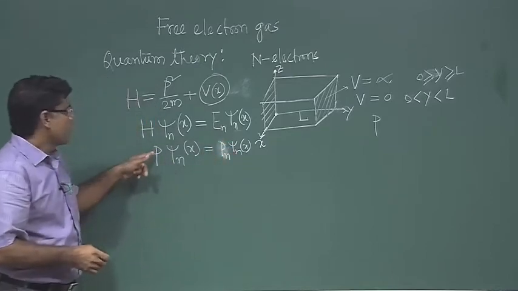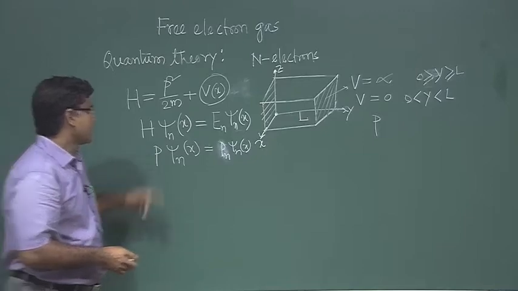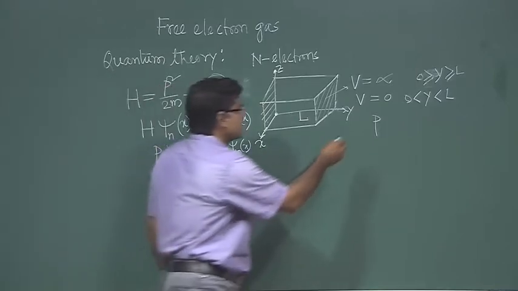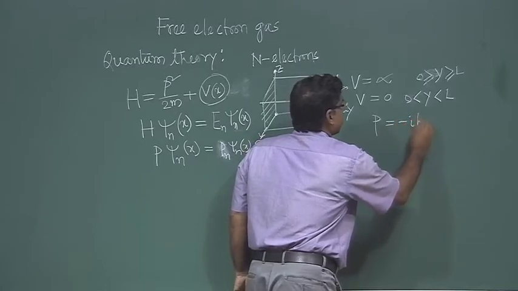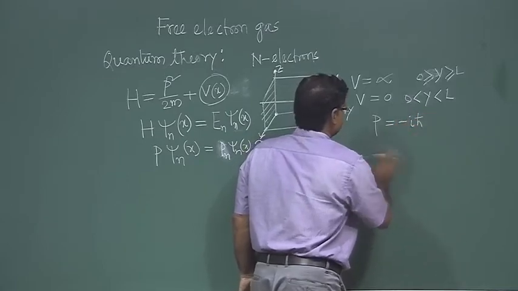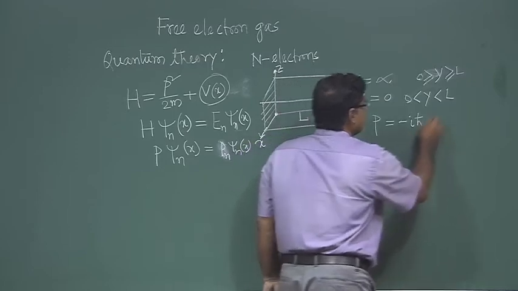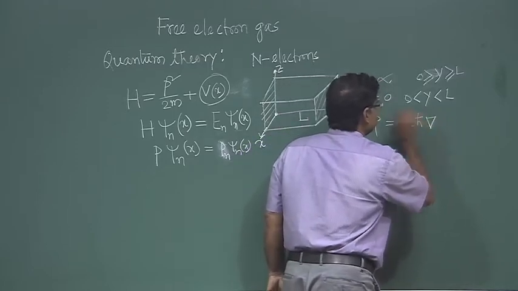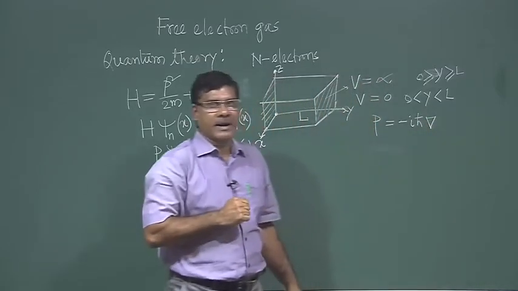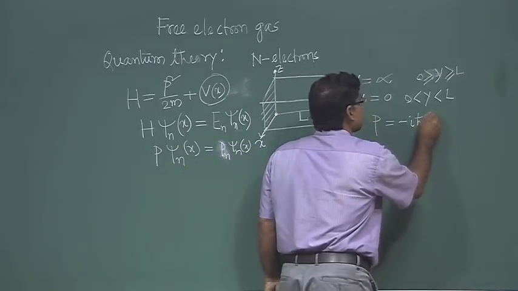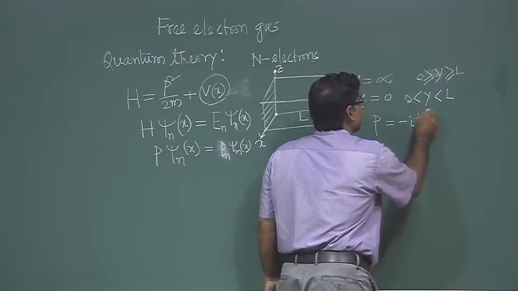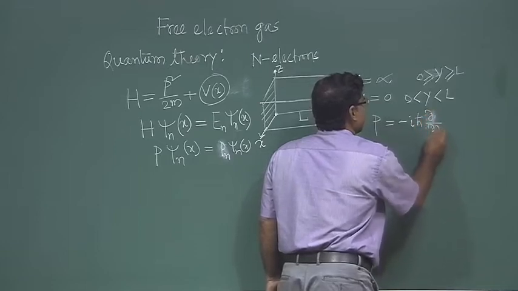This momentum operator is written in the form minus i h cross grad in 3 dimensions, but in 1 dimension one can write del by del x.